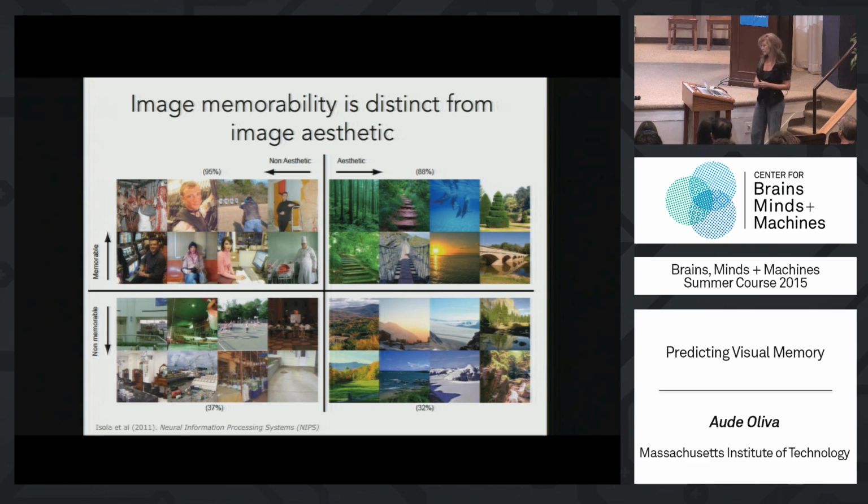So we found this absence of correlation between those two attributes in various studies. We replicated this with other datasets and faces as well. So it looks like what you will remember is this notion of distinctiveness, but it can be beautiful or ugly, it doesn't matter. You can still either remember it or forget it.